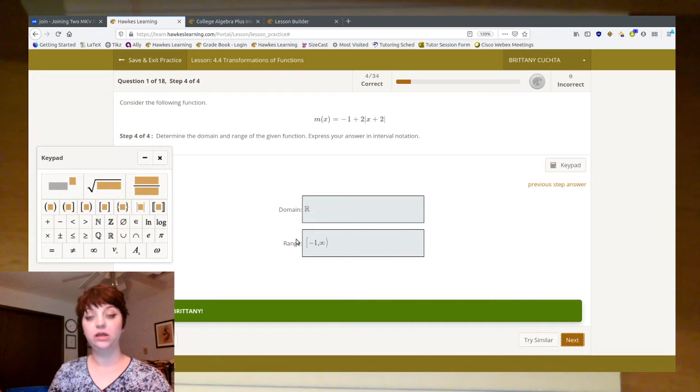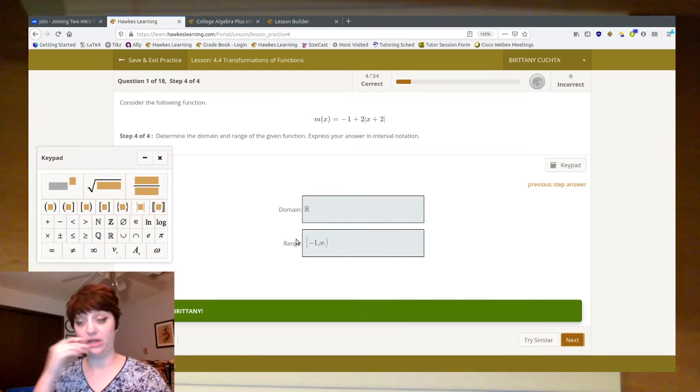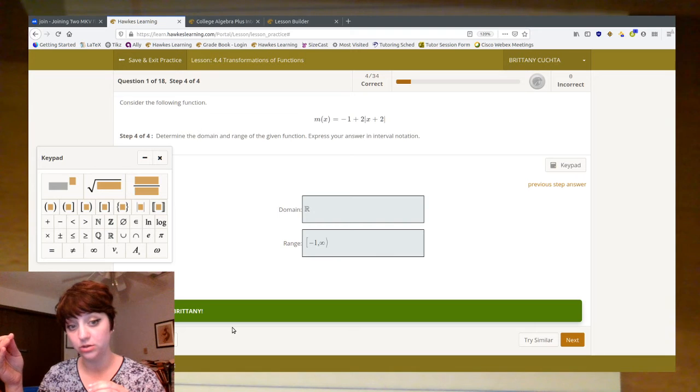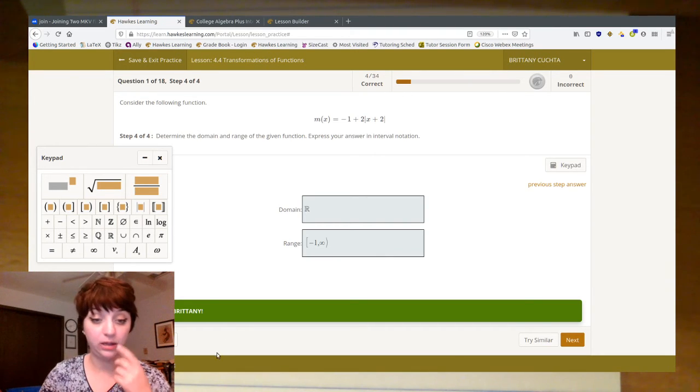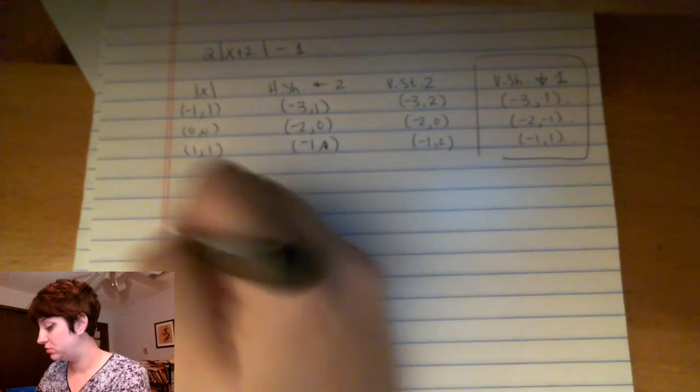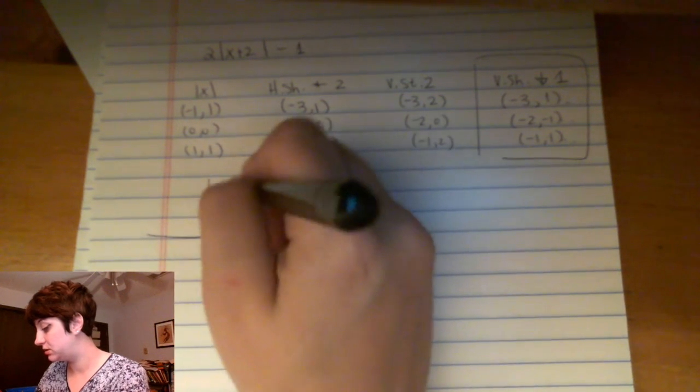All right. Now before I move on from that, I want to point something out. Whatever transformations you've done to the function are also done to the domain and range, right? So usually your absolute value looks like this.